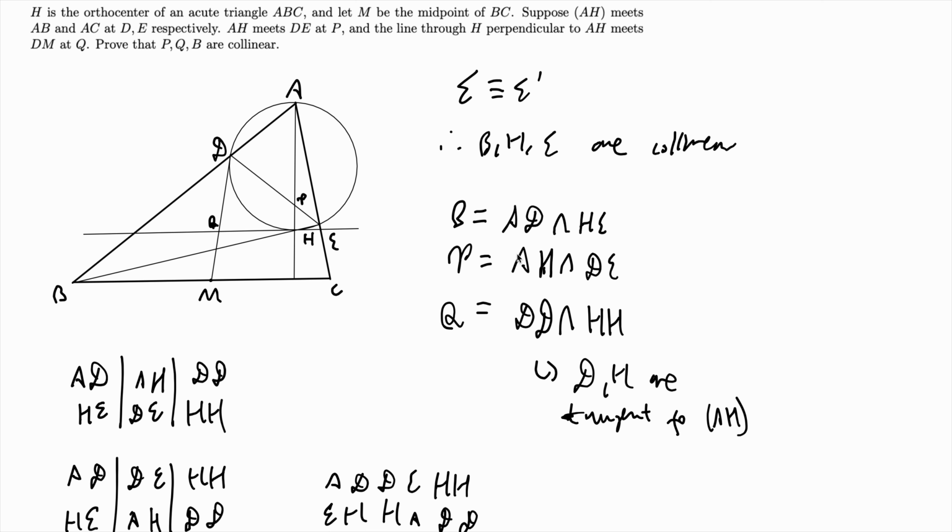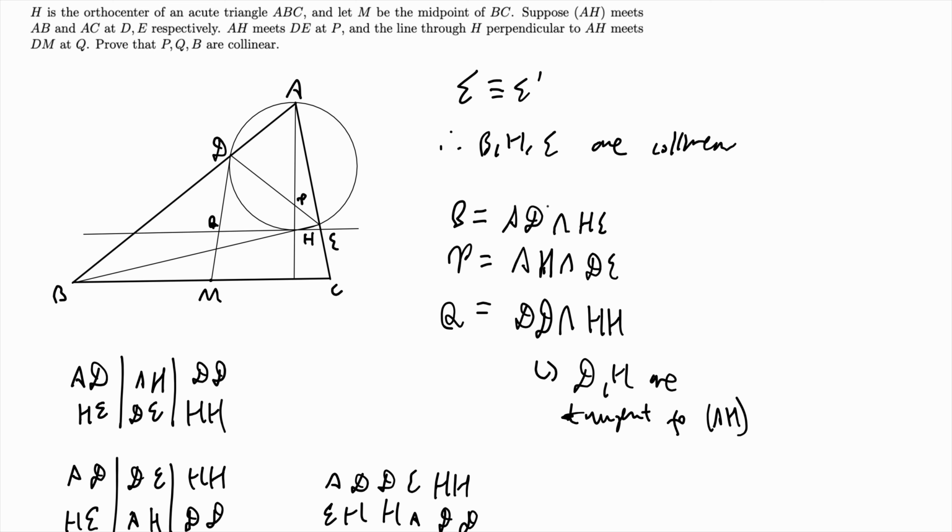And assuming that DM is perpendicular, because we already know that this line is tangent to the circle, tangent to the circle, we could define all the points like this.